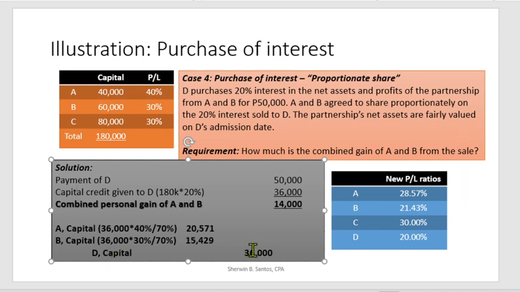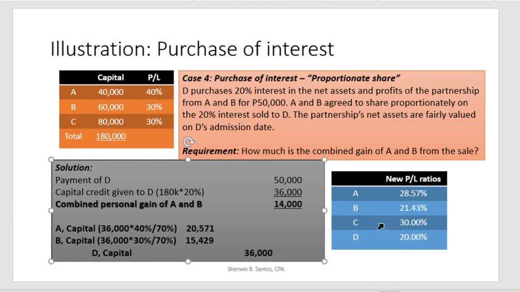So, alam na natin itong journal entry to record the transfer within equity. Let us now look, pwede kasing tanungin the board exam, what is the new profit and loss sharing ratio after the admission of D? So, we know na dahil inadmit mo na si D, ang profit and loss share or capital interest niya ay 20%. So, okay yan. Yung si C, same lang yan.